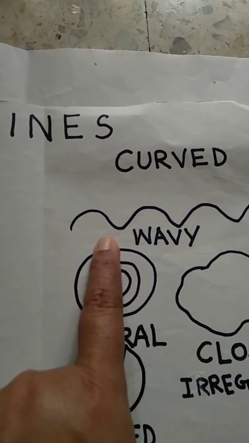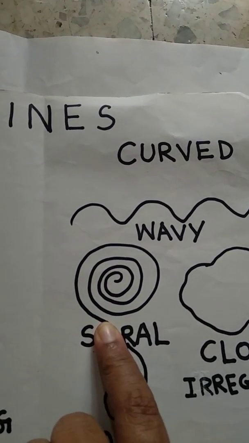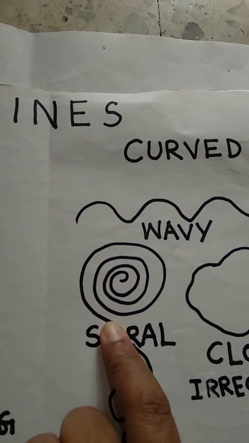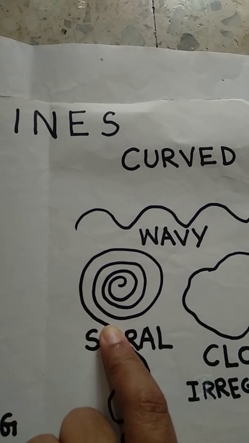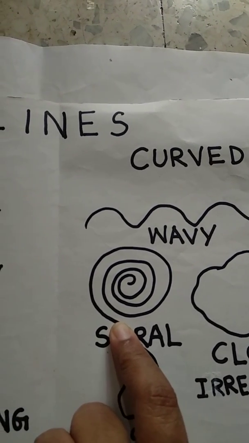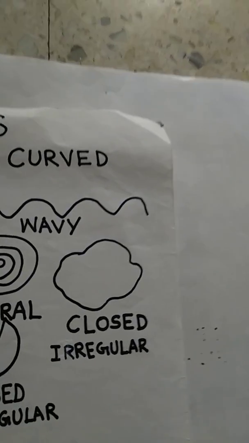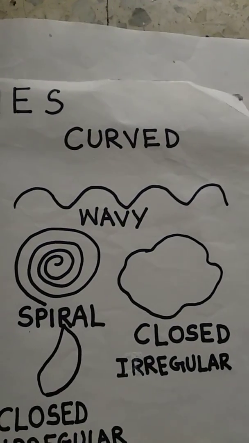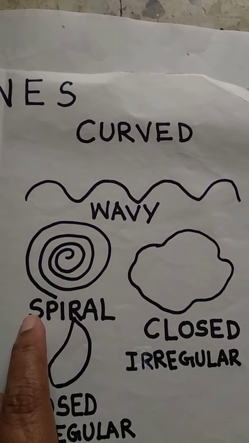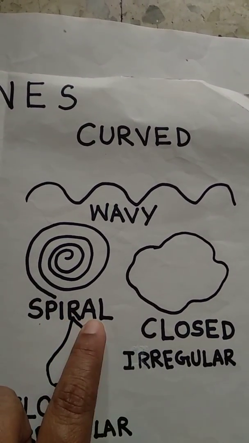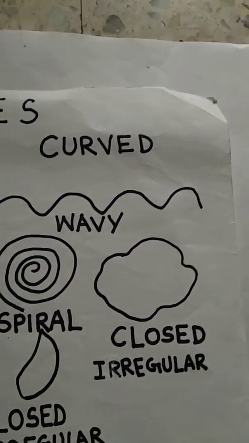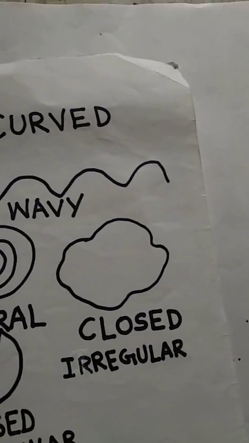So, Mother Nature has made the shell of the snail in the spiral form, in the line of a spiral. Now, look at the spelling of spiral once more. S-P-I-R-A-L, spiral. Right.